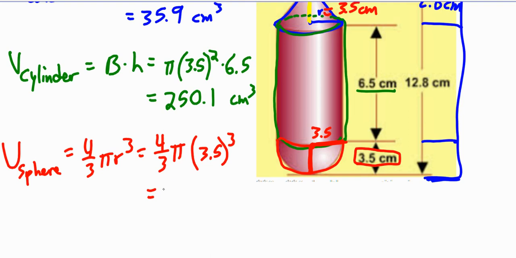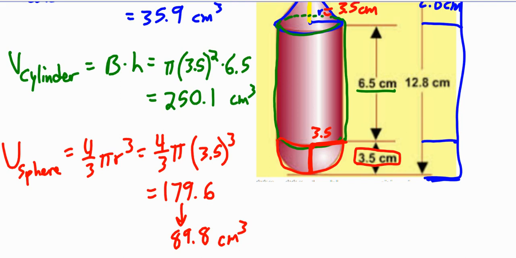And that volume is going to be 179.6, but we need to cut it in half because we only have half of that sphere. So we actually want 89.8 cubic centimeters.